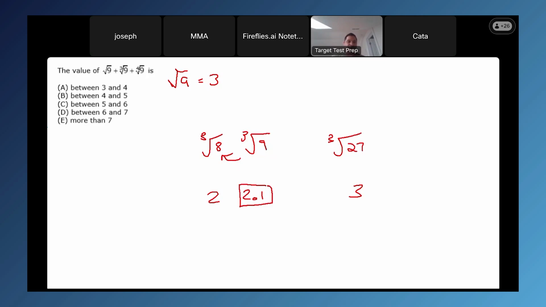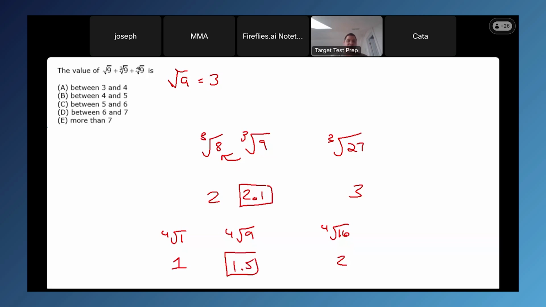The fourth root of 9, let's do that one. Well, what's the closest fourth root? It's actually going to be the fourth root of 1. Remember, 1 is a perfect cube, perfect square, perfect fifth, everything. And then above it is going to be the fourth root of 16. So we're going to have a 1 here, a 2 here. 9's roughly in the middle. Remember, you don't have to be perfect on this.